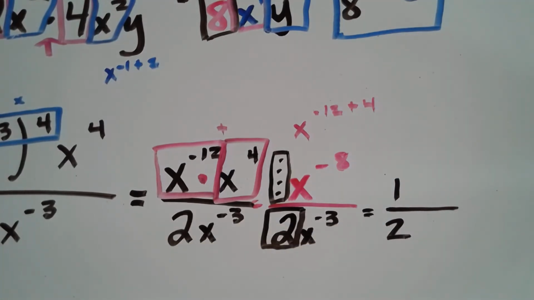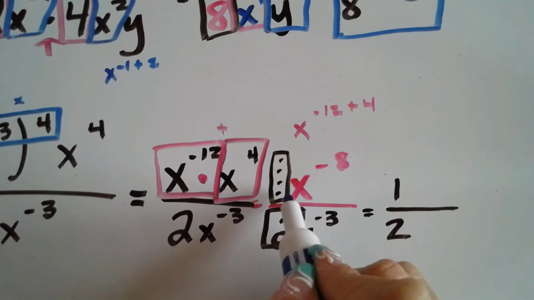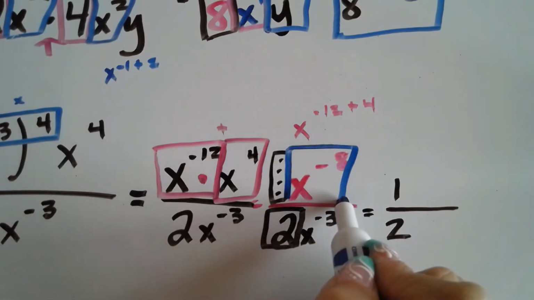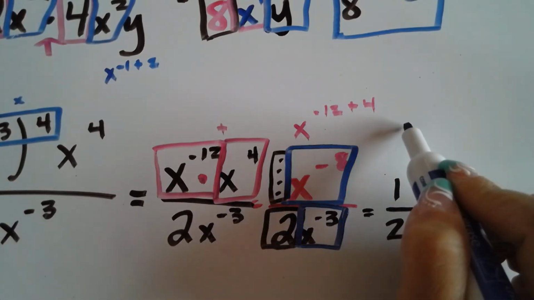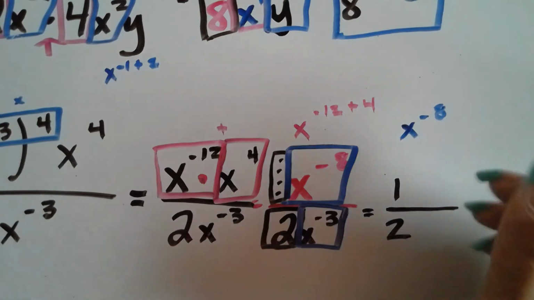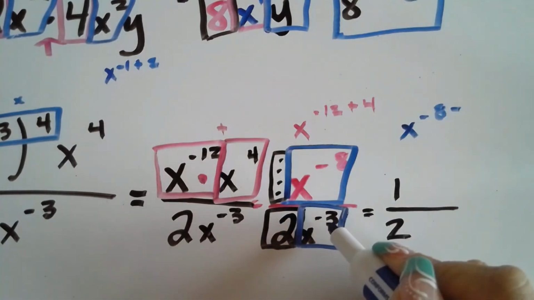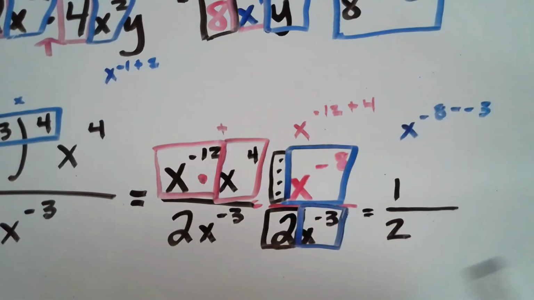Okay, so now we have our x's that we need to combine. So let me box in our x's. If we have x to the negative 8, and when we divide, we're really subtracting, minus negative 3, okay?